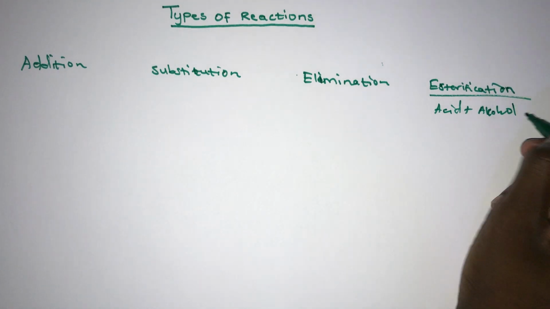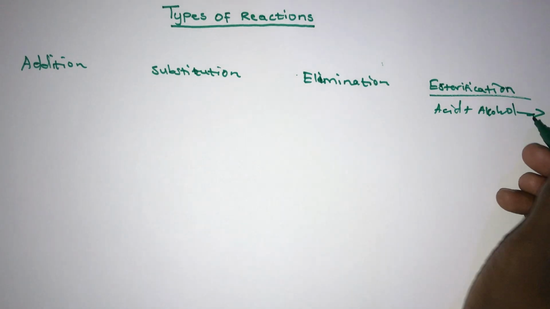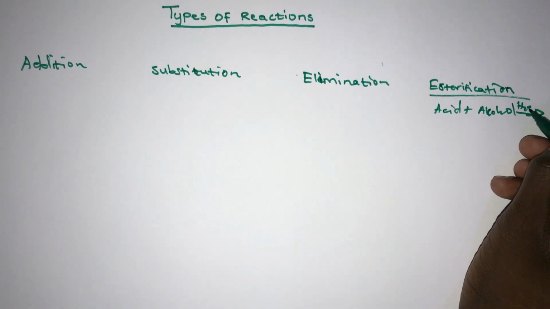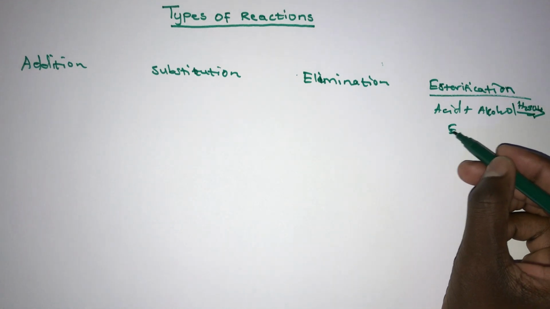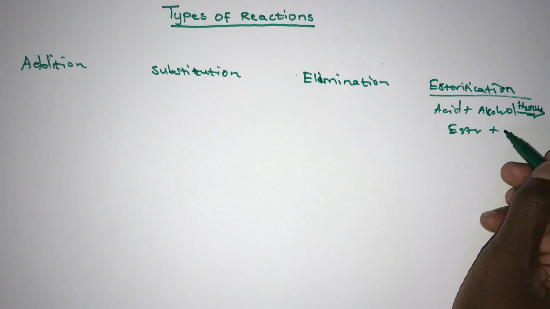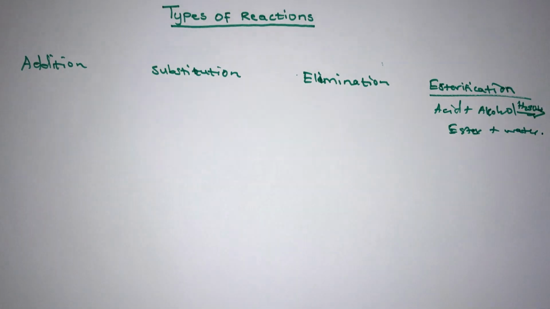When they react in the presence of sulfuric acid, they form ester plus water. So already we know this one, so I'm not going to spend more time on it.